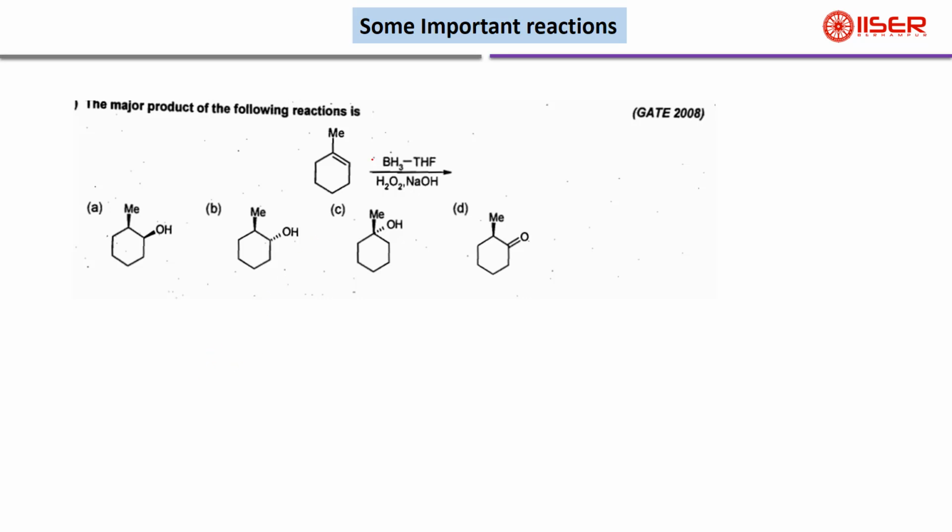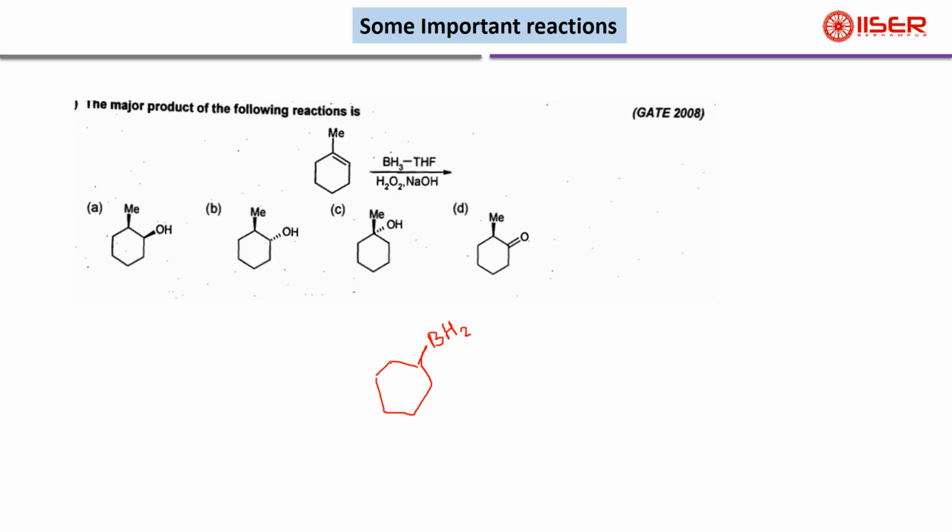So you know that when hydroboration takes place, boron is added to the less hindered side and hydrogen enters the more hindered side. So the product will be, after the first step, and this hydroboration is always syn in manner.